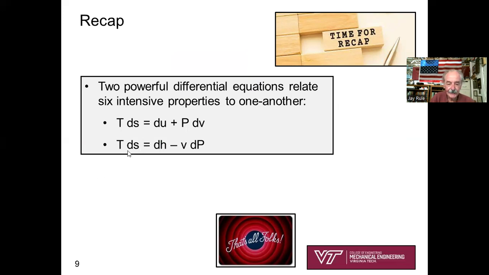T, that's 1. s, 2. h, 3. u, 4. v, 5. And P, 6. And so it's a very interesting study in differential equations where we have two equations that relate 6 intensive properties to one another, and it takes away this having to integrate across a reversible path. And that's the big conclusion.